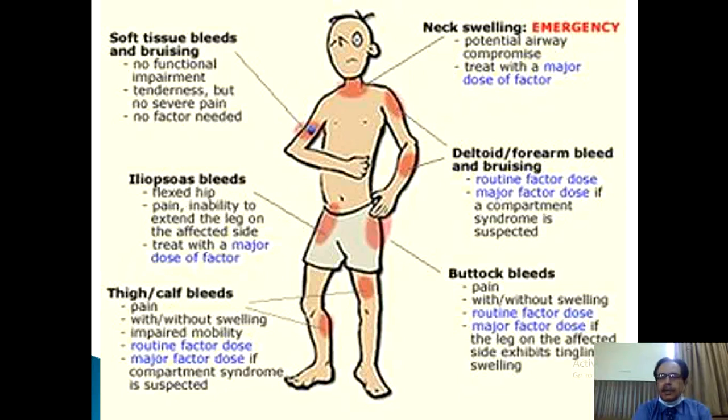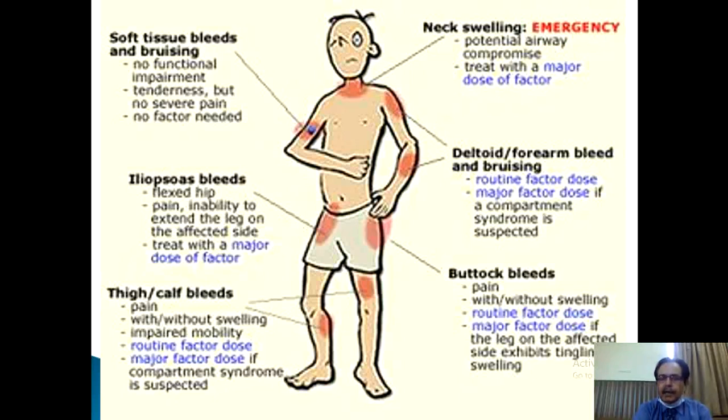Then you come to the deltoid muscle. If there is bleeding because of activity, compartment syndrome can happen. Compartment syndrome findings will be found, which are actually pressure findings, and large bleeding into the deltoid muscle, and similarly the thigh or calf muscle on the right side, you see in the legs.